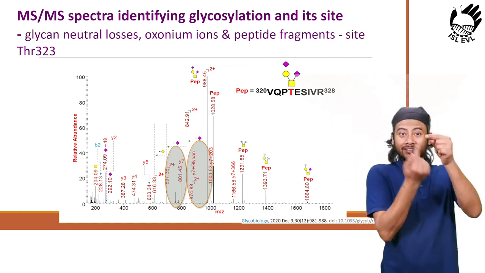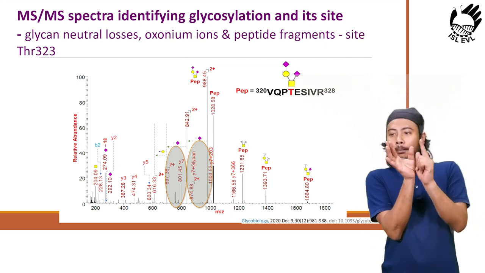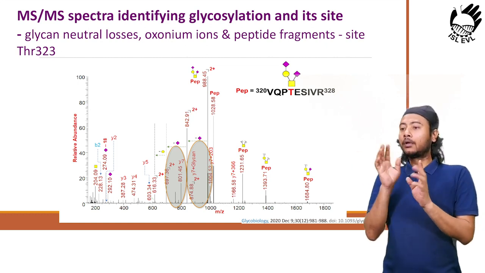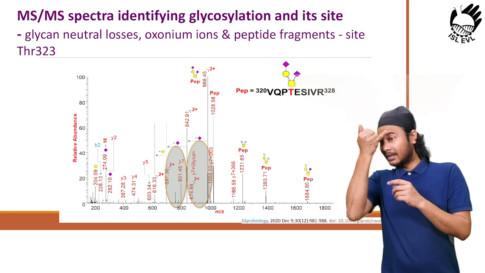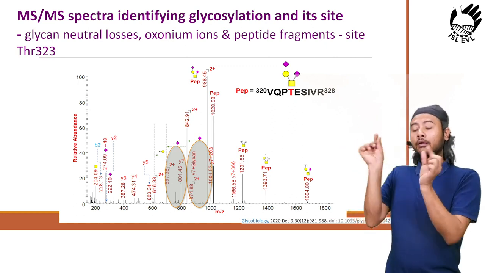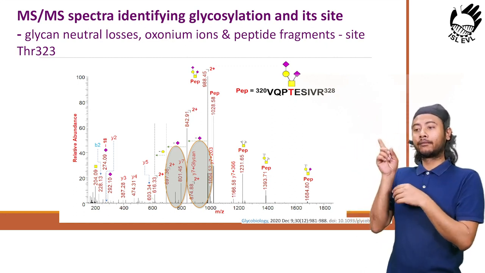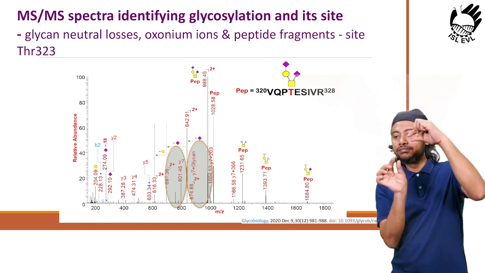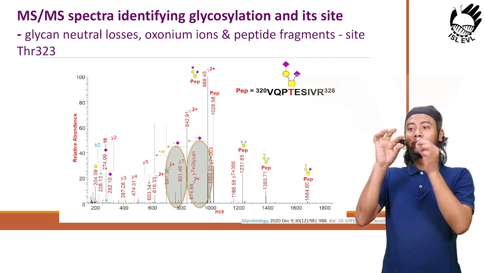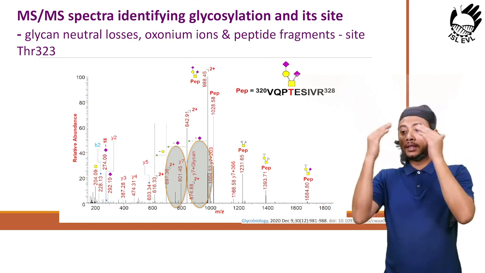Then there are several fragments which comprise both peptide and glycans. You can see the peptide with yellow squares or then elaborated glycans. So that is another set of information that we can get from this spectrum.